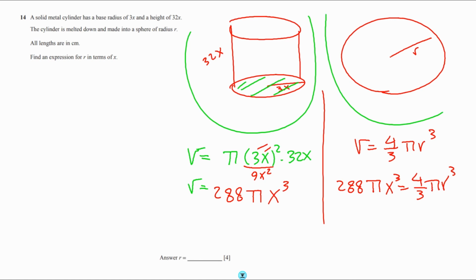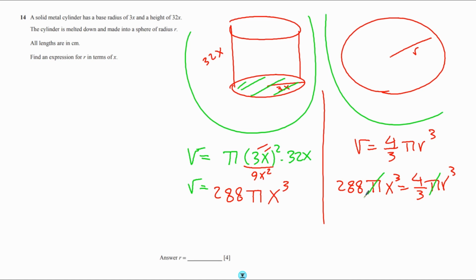So there are some simplifications that we can do on both sides. Dividing by pi, we can cancel the pi on both sides. And we can multiply both sides by 3 to remove that fraction. And we can divide both sides by 4.